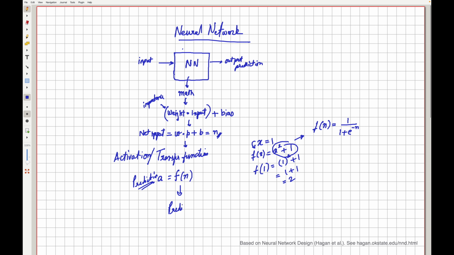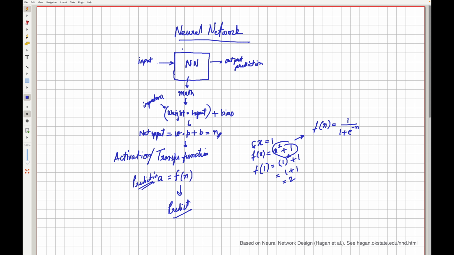So that's a very simple way to think about a neural network. It's not a perfect explanation, but I think it is a good starting point on which we can build up in subsequent videos.